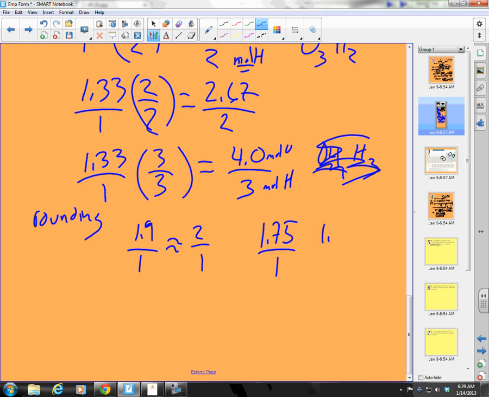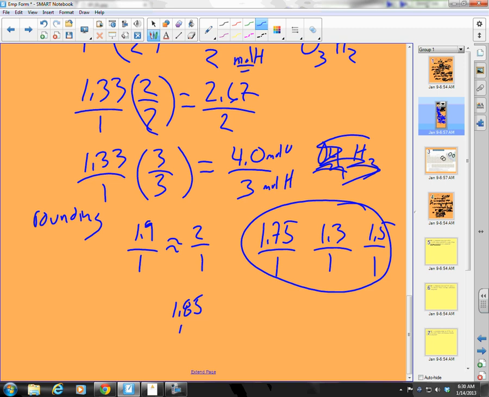Don't round 1.3 to 1. Don't round 1.5 to 1. Don't round any of these. So you need to be somewhere in the range of maybe 1.85 to round, or 1.1. You can round these, but be careful about rounding those. Rounding can get you into trouble.